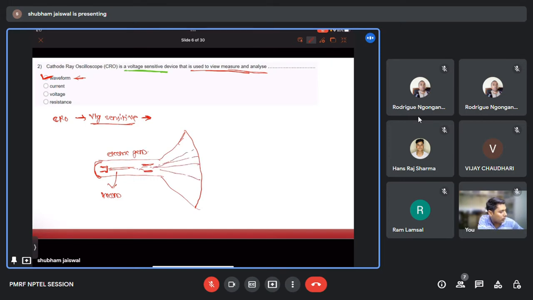Depending on the voltage, it will give bright or dark spots on the screen, and from that we can study the waveform. The electron gun is operated by voltage, so it is a voltage sensitive gun. That's why we can't measure the voltage directly, but we can use that voltage information to measure and analyze the waveform.